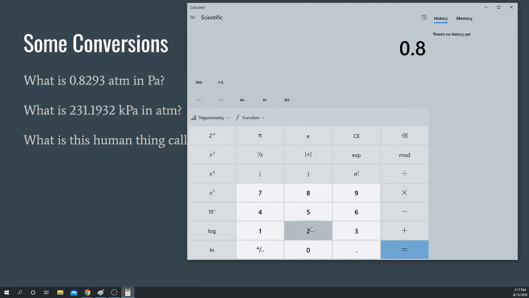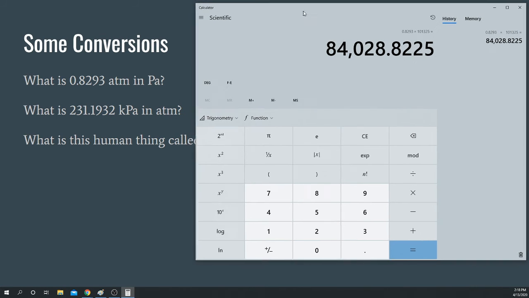So one atmosphere is 101,325 pascals. So 0.8293 atmospheres is 84,028 point. Let's see, so it's going to be 84,030. Remember, sig figs. Don't forget your sig figs on the test. They'll probably be douches about that.